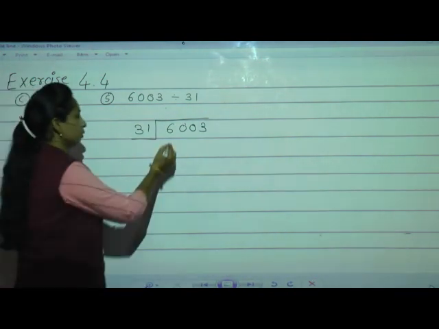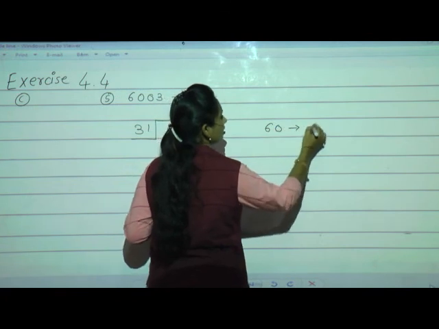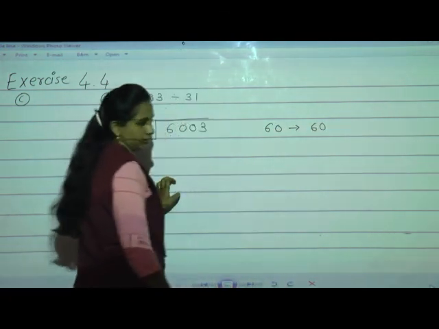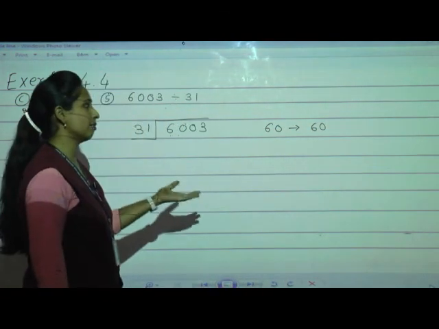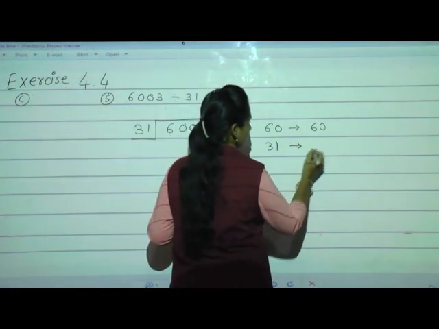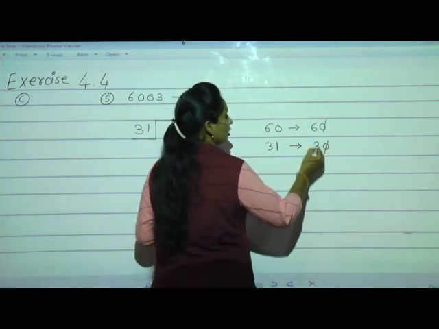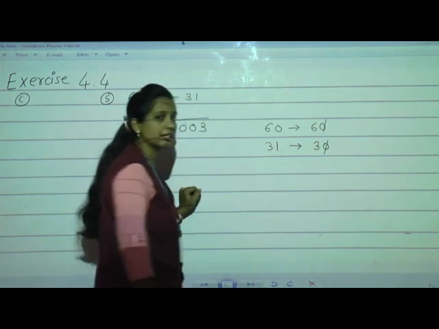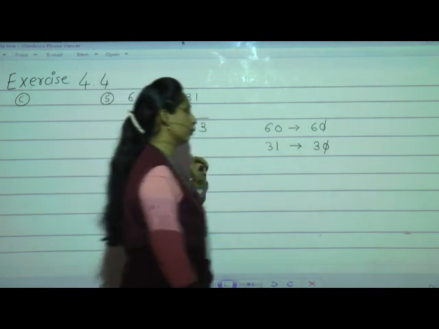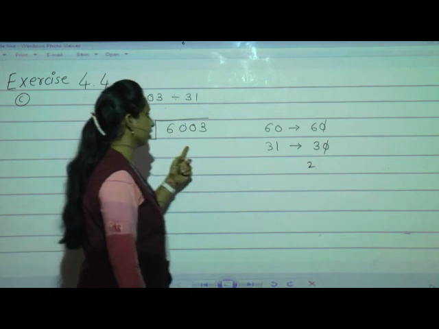We will start with two numbers, 60. See, 60 is already nearest, means the estimate number is already there. Now 31, what is 31 nearest? It is 30. Now see, cross the 0s. How many times 3 in 6? 2 times, isn't it?